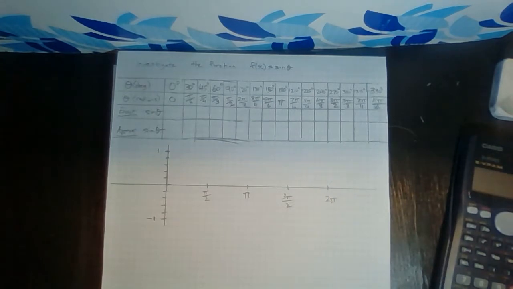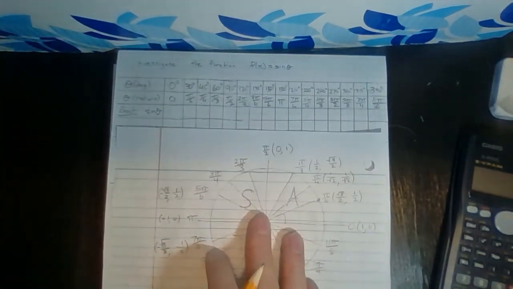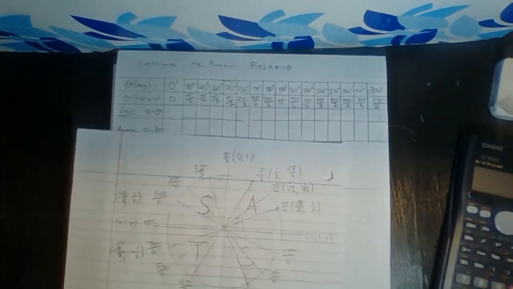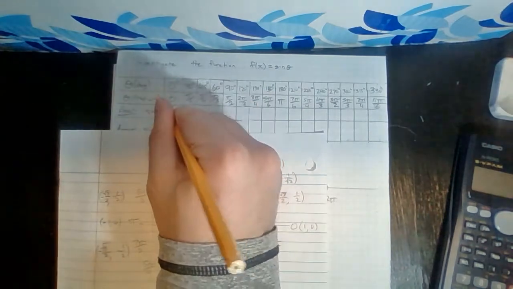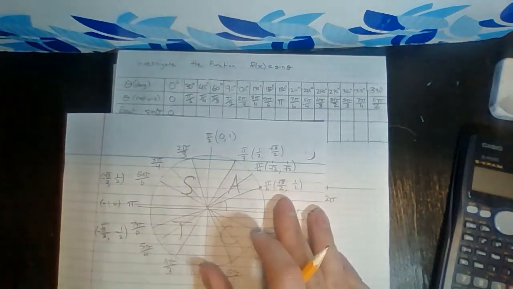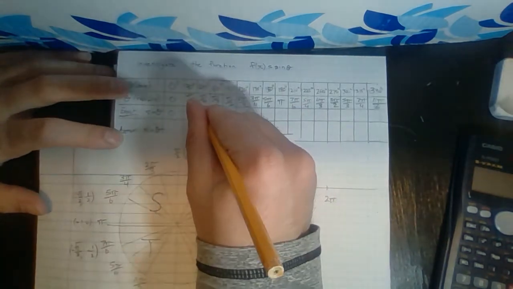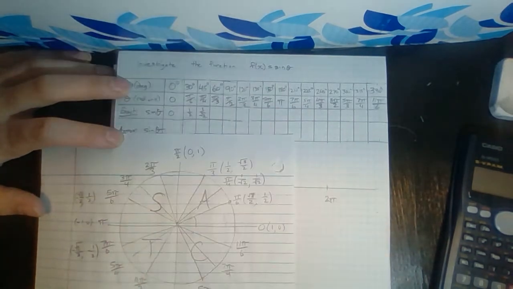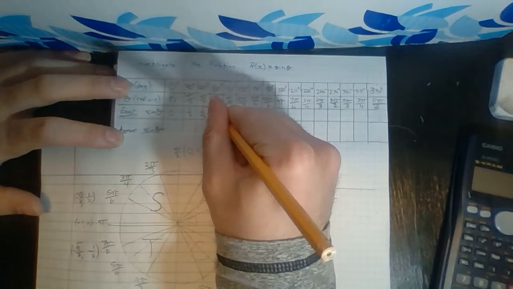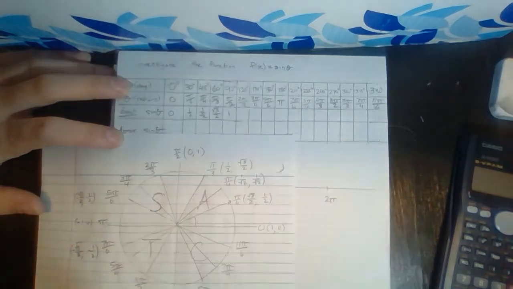So we can look at our unit circle from before and see, oh okay, all of our y values were our sine thetas. So sine of 0 was 0. Sine of pi over 6 was 1 over 2. And we keep going around. So 1 over root 2, root 3 over 2, 1.